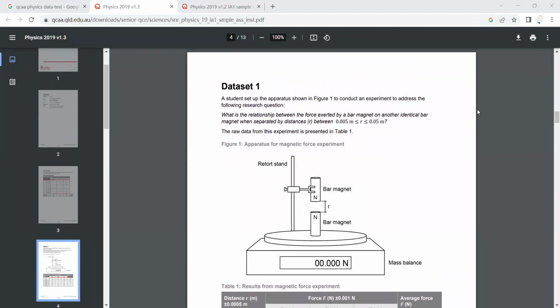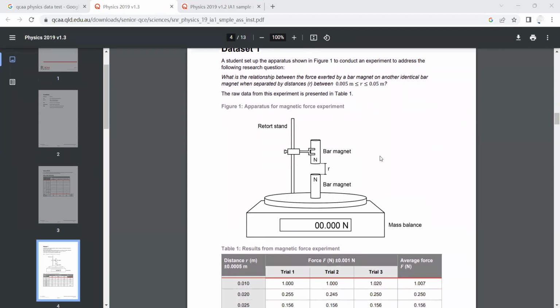Let's first look at data set one. There are two bars, with a distance between the vertical two bars. One of the bars is placed on a mass balance. The other one is held in the air by a retort stand.